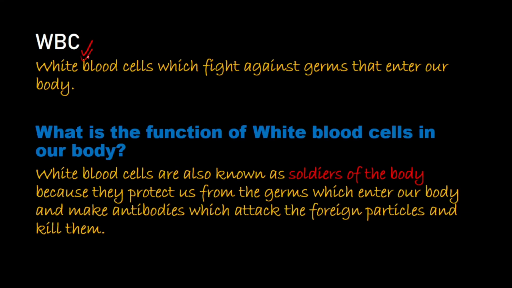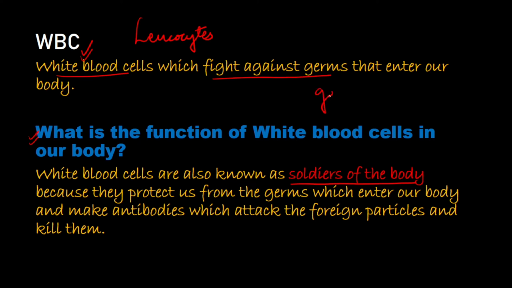The next component is WBC, that is white blood cells or leukocytes, right? The main function of WBC is to fight against the germs whichever enter our body. They are also known as soldiers of the body. So how do they work?